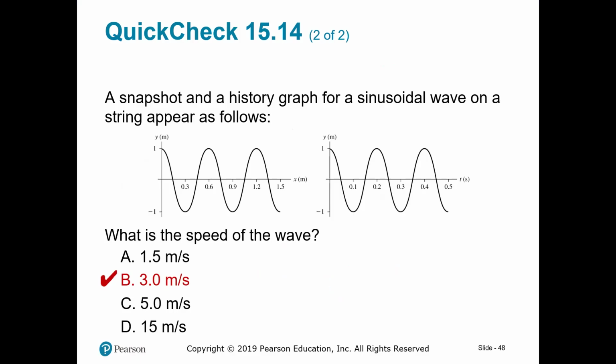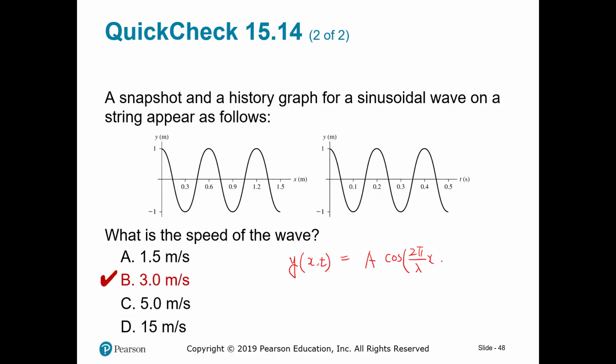Okay, we have a very short lecture today, but you learned an extremely important formula that merges everything you have learned so far. Your vertical position as a function of position and time is A times cosine of 2 pi over lambda times x.